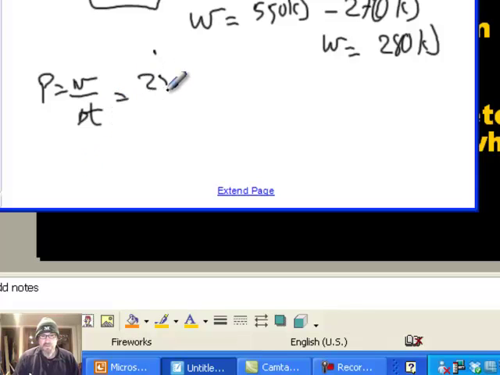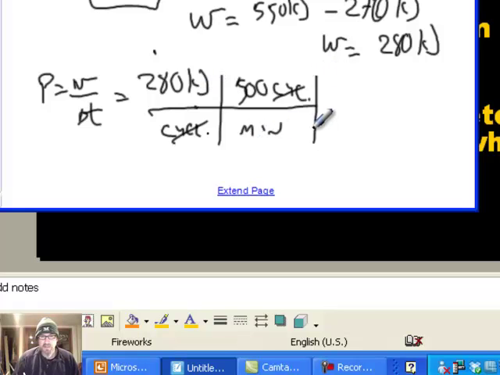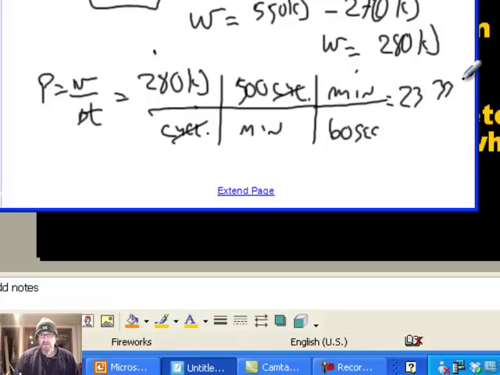Well, we know that this is doing 280 kilojoules in every cycle, but we also know that this is doing 500 cycles per minute. So if it's doing 500 cycles a minute, we get a power in kilojoules per minute. But we want kilowatts, which is kilojoules per second, and so we'll do another conversion, and we know that a minute is 60 seconds. This comes out to 2333 kilojoules per second, or kilowatts.